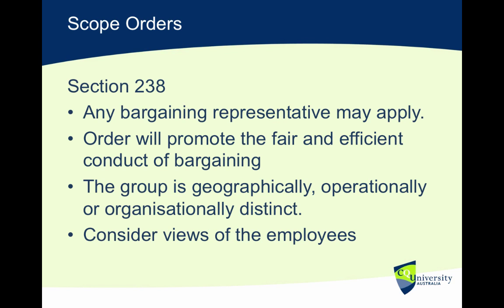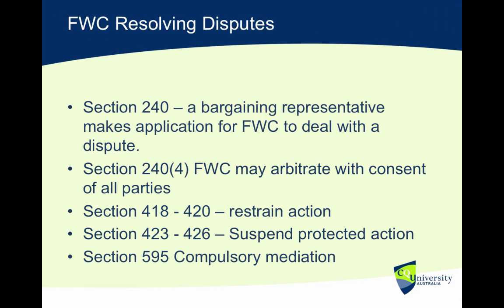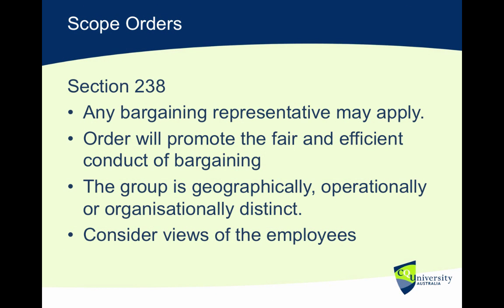The group is going to be geographically, operationally or organisationally distinct, and in making these orders, the Fair Work Commission should take into account the views of the employees if there's really not much to choose between the different views. So if it could go either way, the Fair Work Commission should consider the views of the employees. Look at the cases in that area.